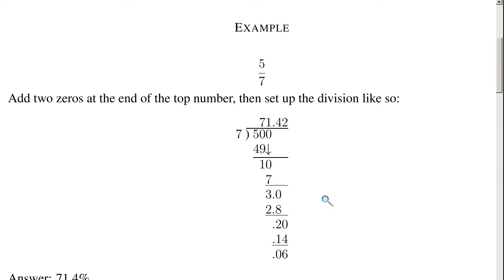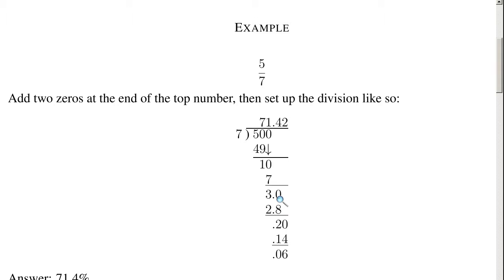Well, we can add a 0. We add a decimal 0. So this is 3.0, but we're going to treat it like 30. How many times can 7 go into 30? Well, if you count by 7: 7, 14, 21, 28.